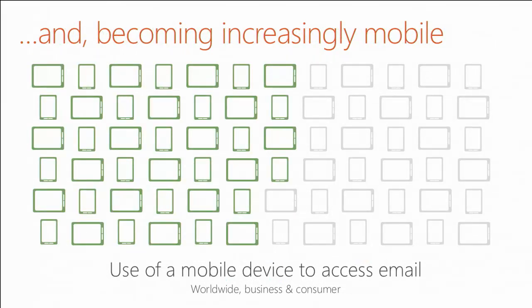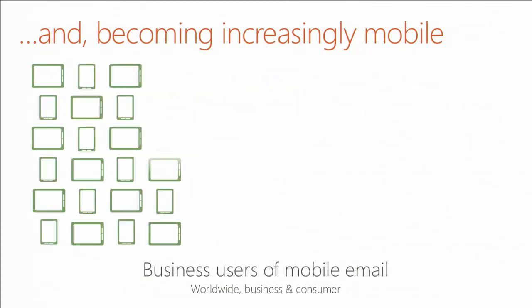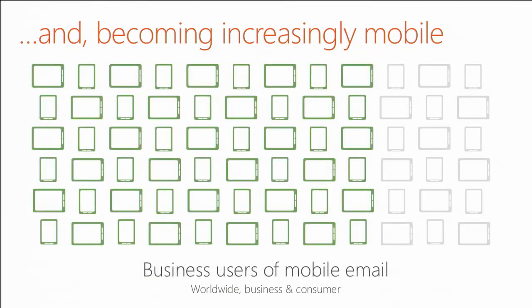What's interesting is we're finding it more and more mobile all the time. Depending on the statistics you choose to follow, some folks will report that somewhere between 40 and 50% of all mail gets read on a mobile device first. This chart is about just access.